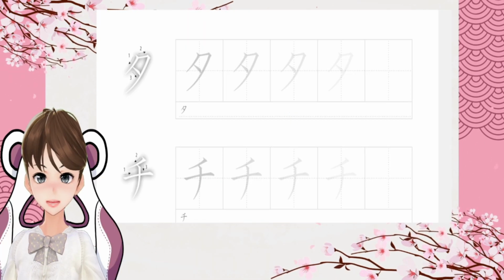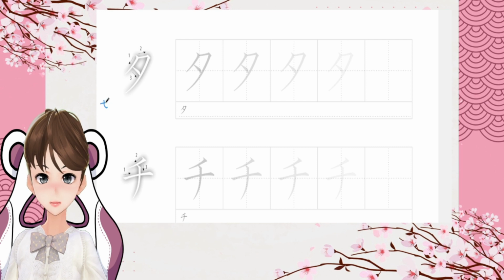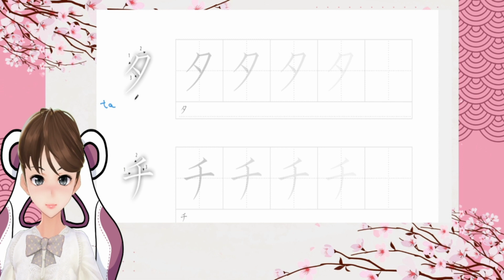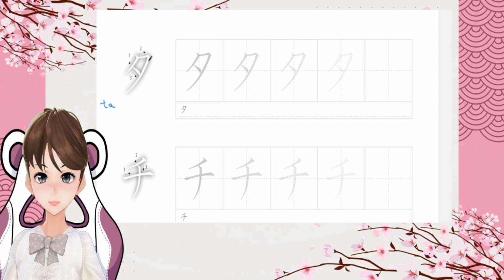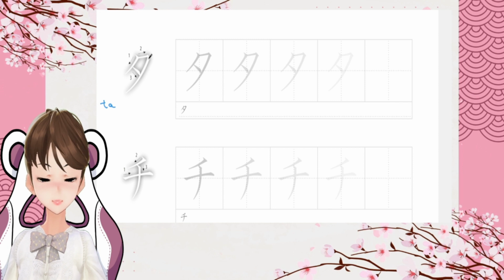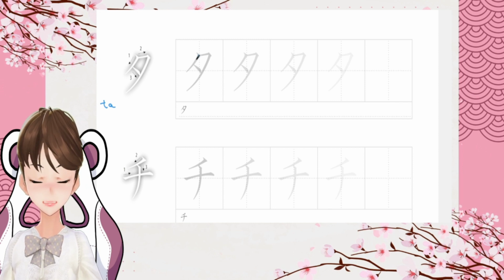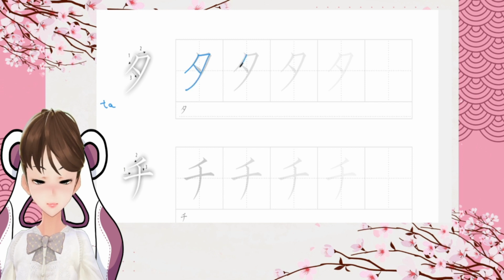So the first character in the T line is Ta. It's almost like a tidal wave which is racing across the sea. So the way that we write it is 1, 2, 3.